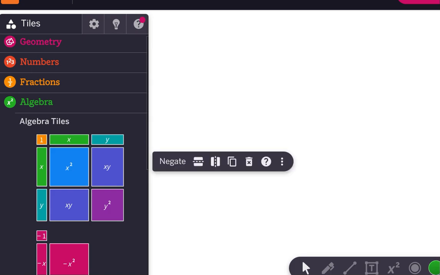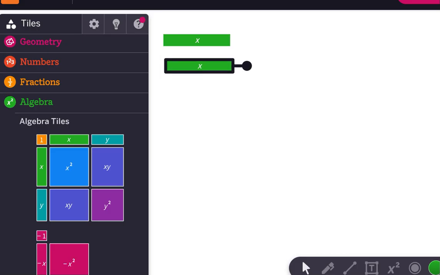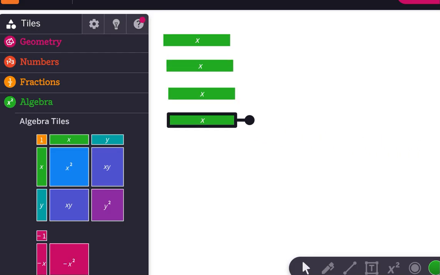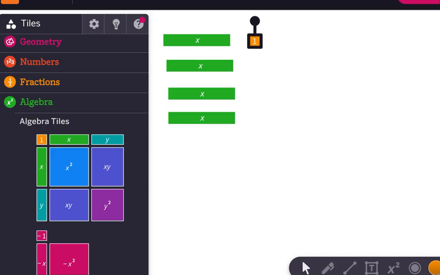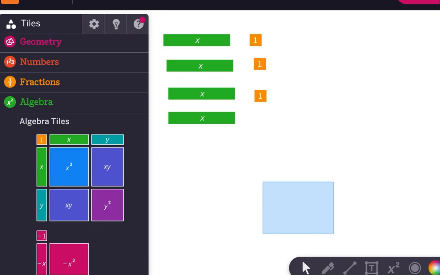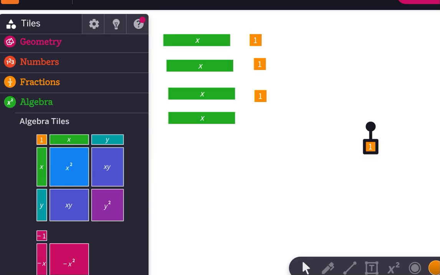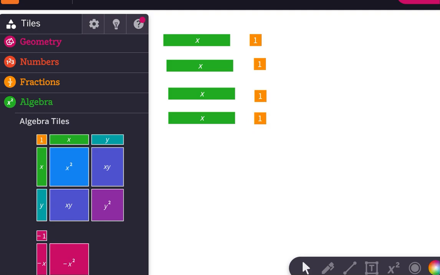So I'm going to take my m, 1m, 2m, 3m, 4m, and then I'm going to have 12 ones. I'm going to kind of do it as an array. 1, 2, 3, 4.